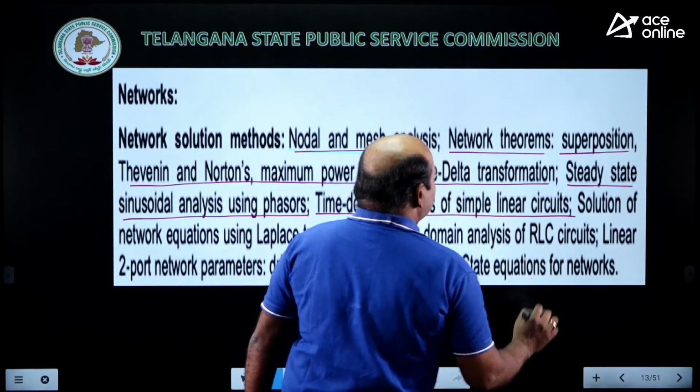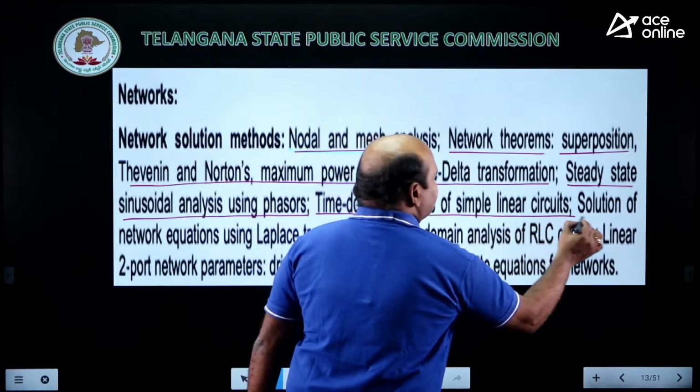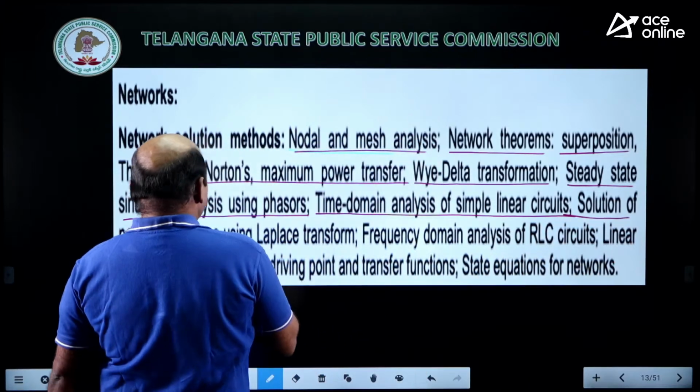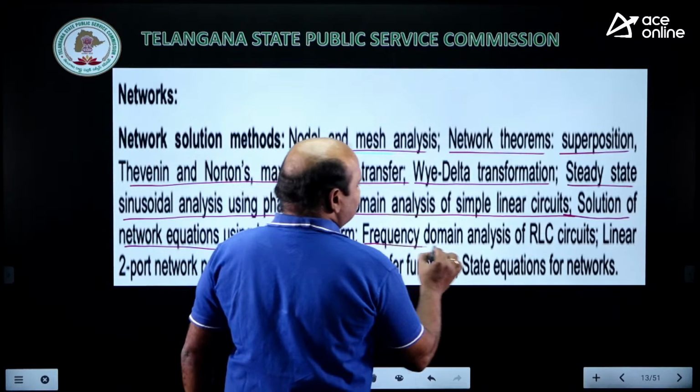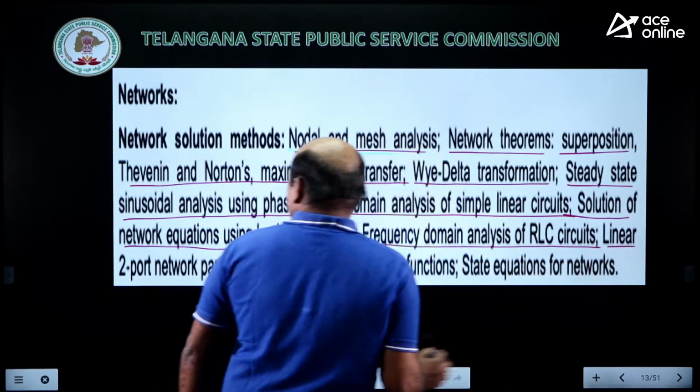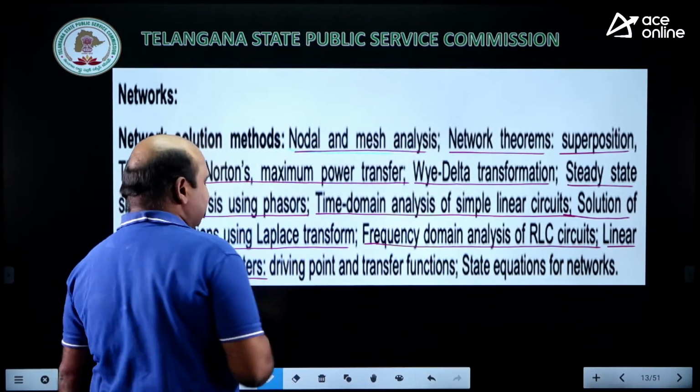This is under transient circuit analysis by using the Laplace, and frequency domain analysis with RLC circuit, and linear two-port network parameters.